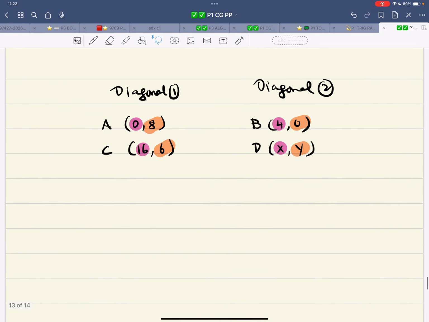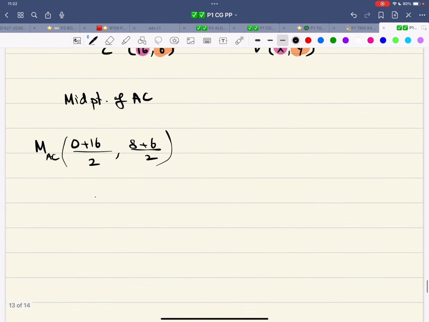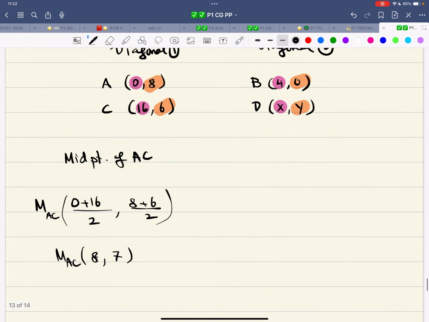Okay. So alternatively, first find the midpoint of AC. So midpoint of AC, that is 0 plus 16 divided by 2, 8 plus 6 divided by 2. So the midpoint of AC, that is 8 and 7. Midpoint of AC is 8, 7.